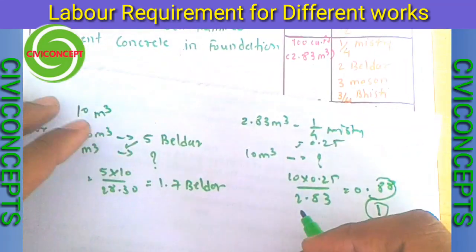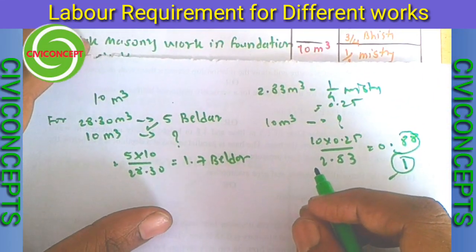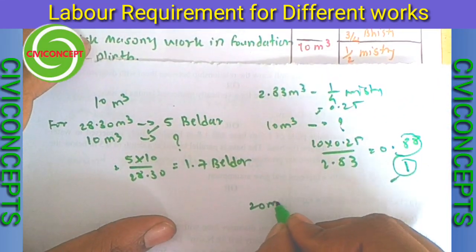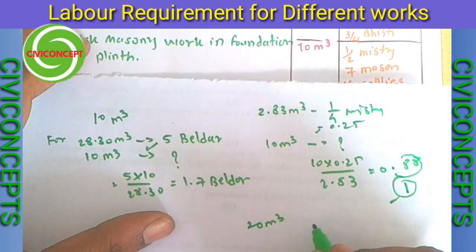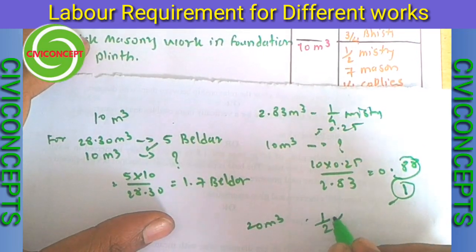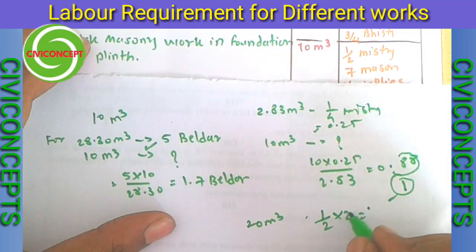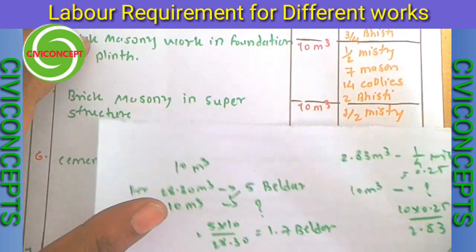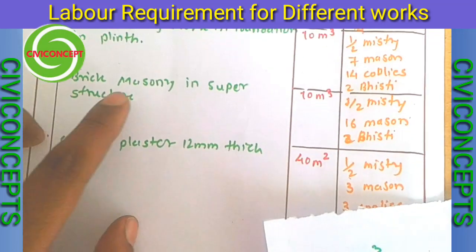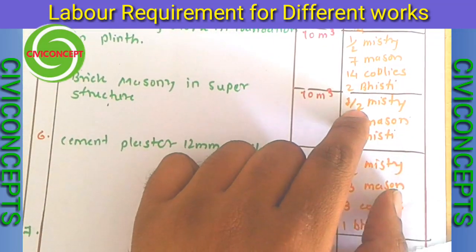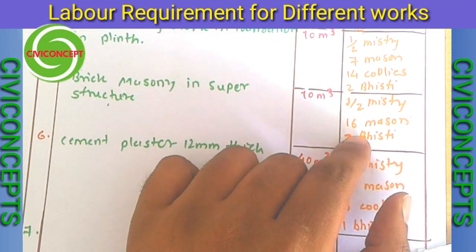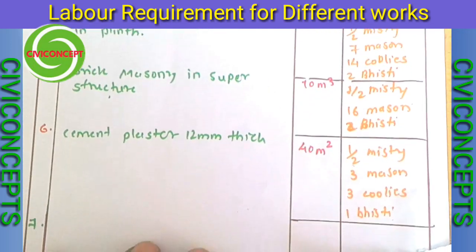If you require the quantity for 20 meter cube, you just need to multiply it by 2. Then brick masonry superstructure, for 10 meter cube requires 1.5 mistri, 16 mason and 2 bhisti.